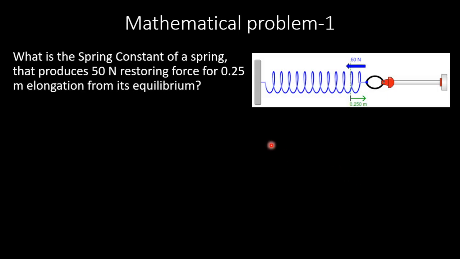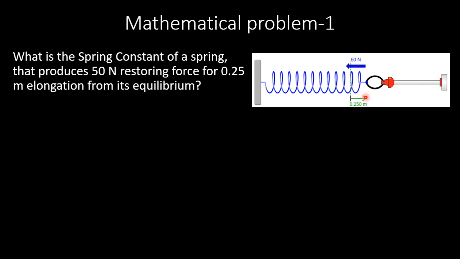Now we will solve some mathematical problems. What is the spring constant of a spring that produces 15 Newton restoring force for 0.25 meter elongation from its equilibrium? So here you are provided with a spring, then 15 Newton restoring force acting on it due to elongation of 0.25 meter.